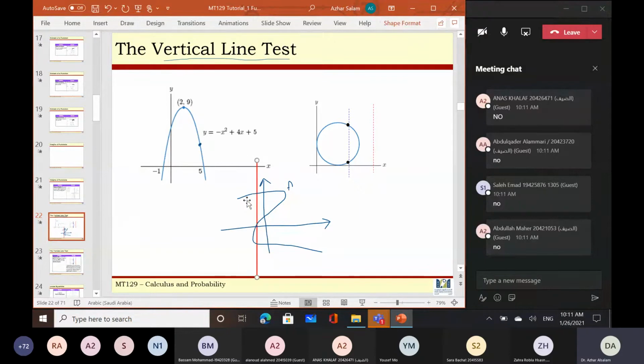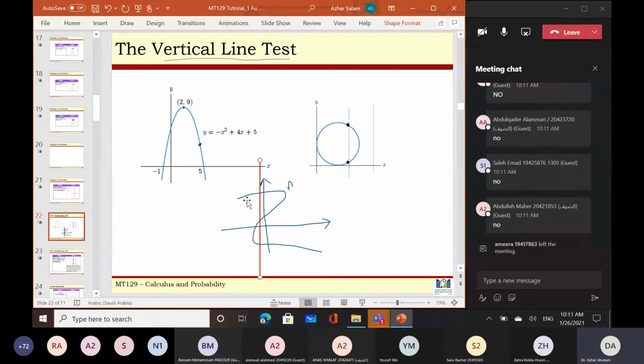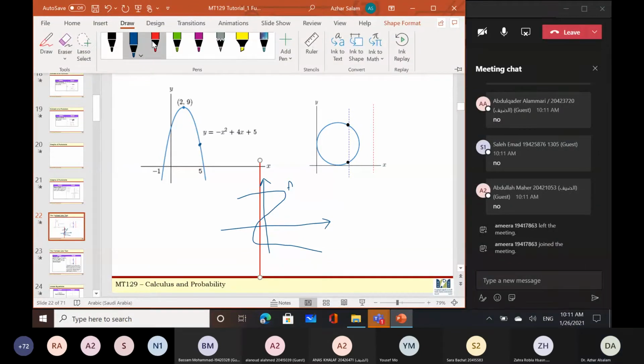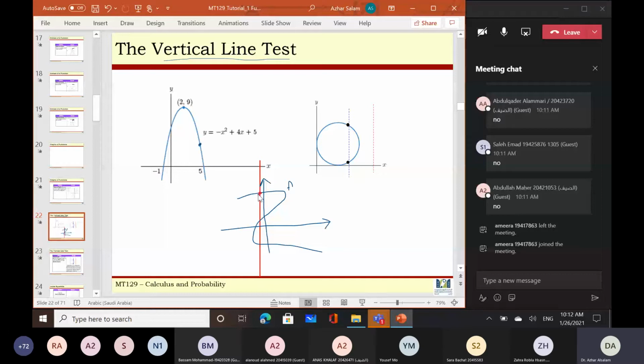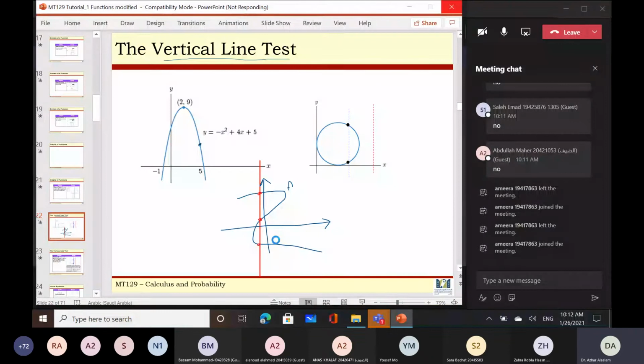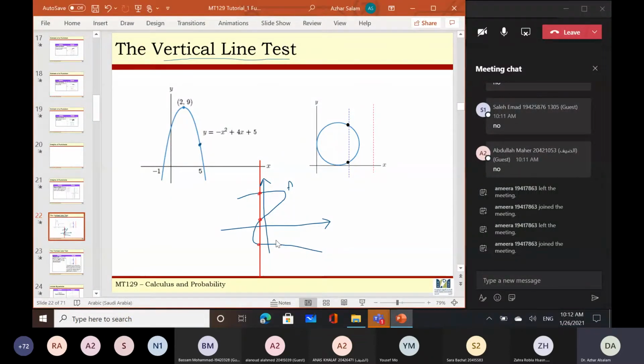But if I move more, for example here, I will have more than one intersection point, here and here, and also in other places. But in one place is enough. If I have two intersection points in at least one place, it's not a function.